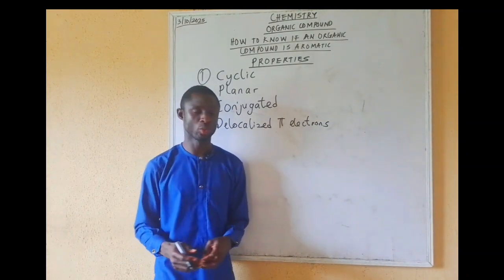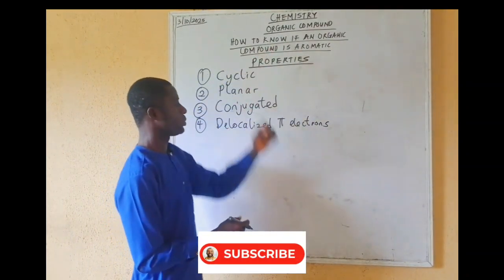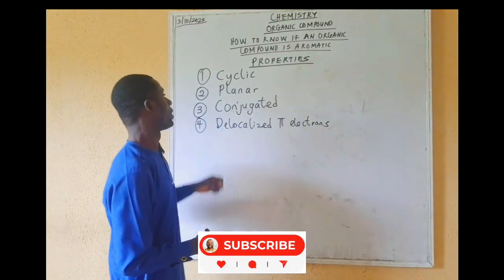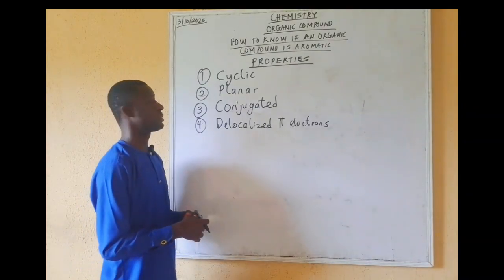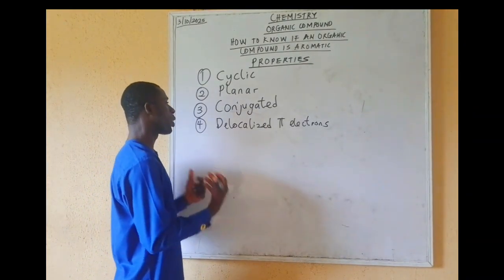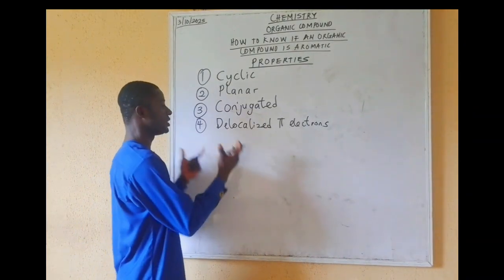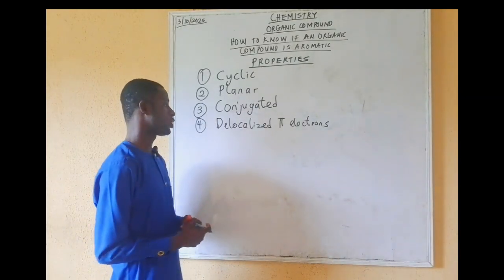For a compound to be called aromatic, it must have these four properties: it must be cyclic, it must be planar, it must be conjugated, and it must have delocalized pi-electrons.